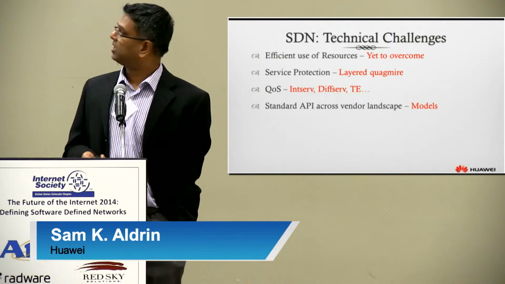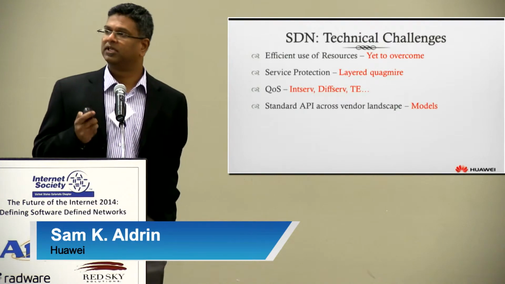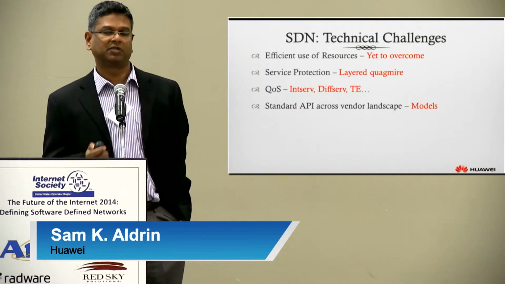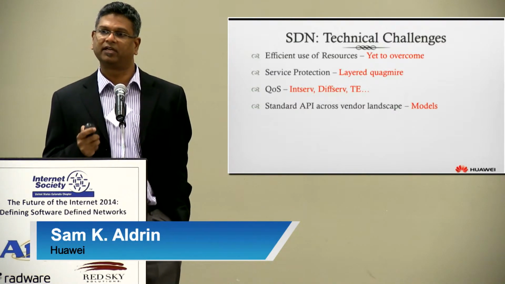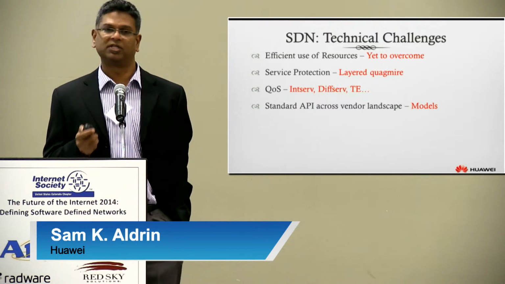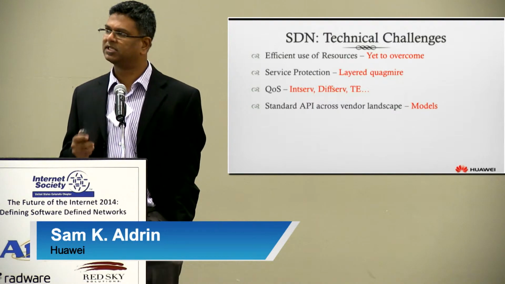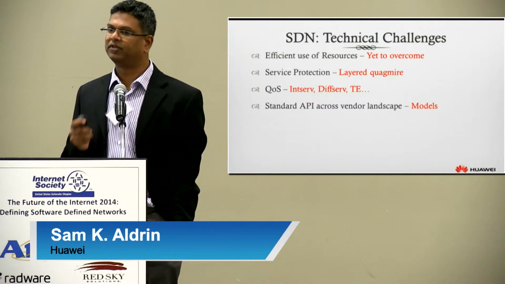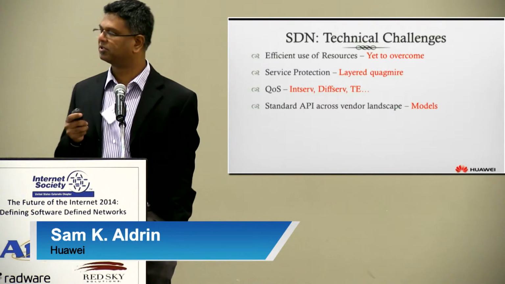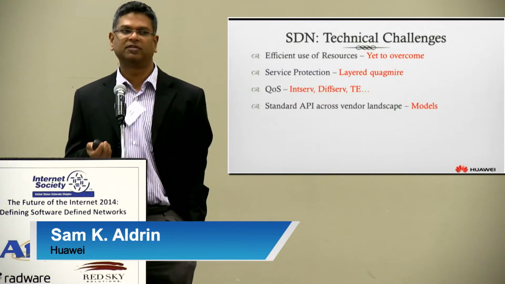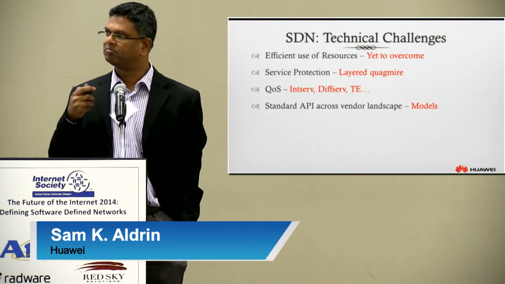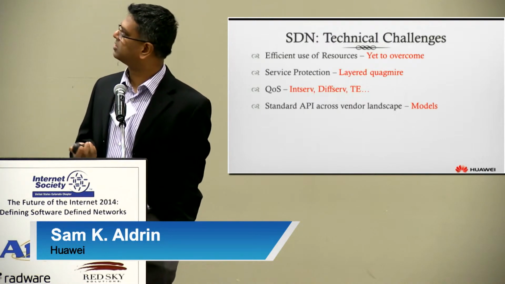And with respect to standard API, one of the important initiatives which is happening is with respect to models. We are creating a lot of data models, information models, config models. So this is the starting point, and we are trying to create much more than that with respect to different services and how you can model different types of services.